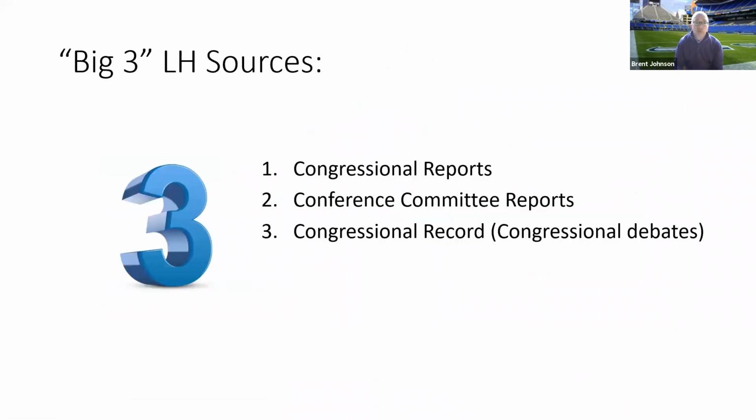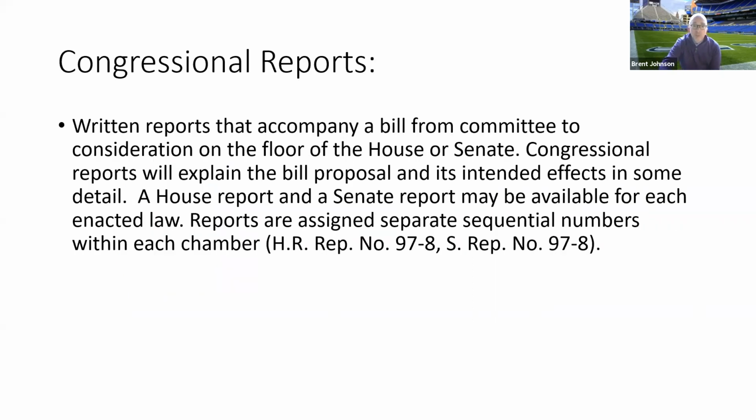The big 3 legislative history sources: congressional reports, conference committee reports, and then the Congressional Record, the congressional debates as the bill is being debated in Congress. Here's a little summation of what the congressional reports are.